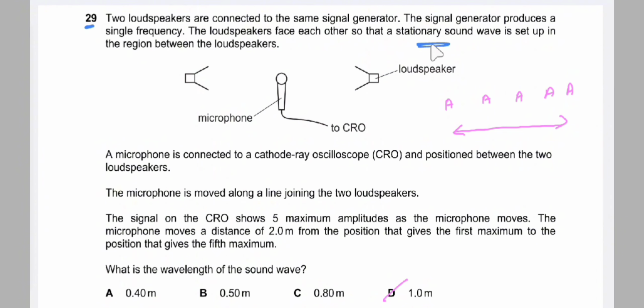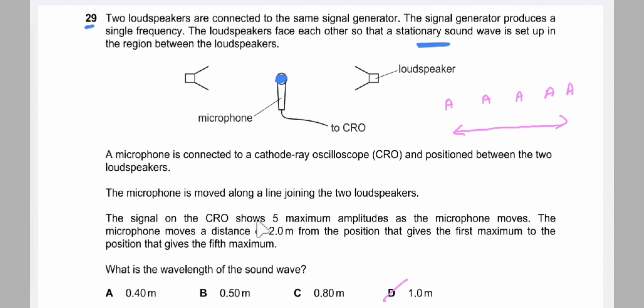A microphone is connected to the cathode ray oscilloscope and positioned between the two loudspeakers. The microphone is moved along a line joining the two loudspeakers.